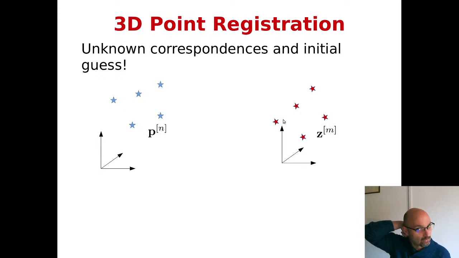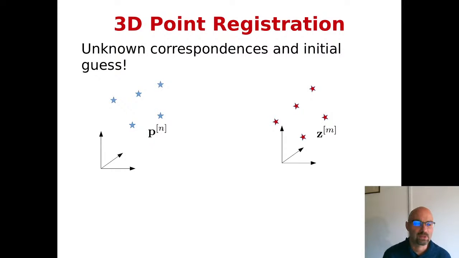Now, to make the example streamlined with what we have been talking about, let's say the last 20 days, I will talk about 3D point registration. It's the easiest problem to visualize, but clearly it could be any registration problem where you have correspondences involved.